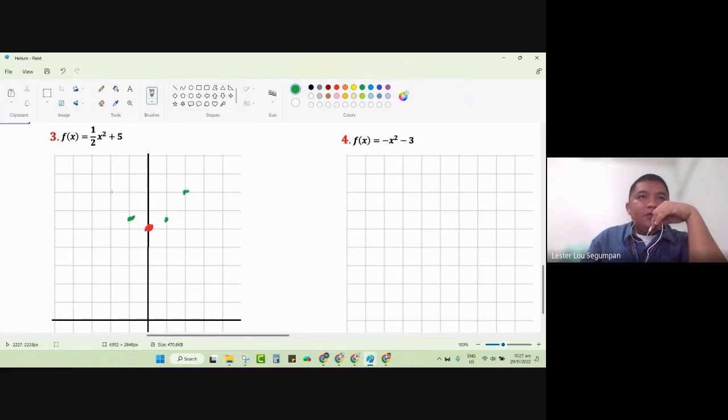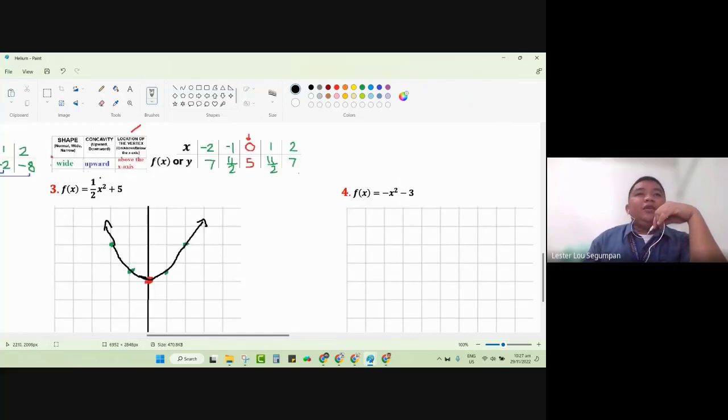This is also 7 here. So looking at the points, it really opens upward. And if you're going to consider the shape of the graph, it's a little bit wider than the normal. So it covers the other two predictions earlier. This is the graph for number 3.